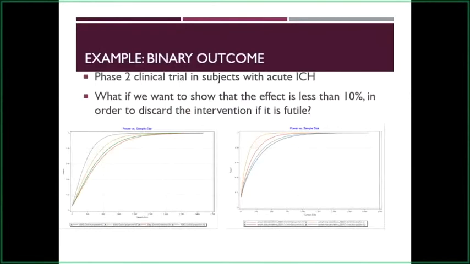But it's really just flipping the way that you think about it. So rather than saying, if I see a big enough effect, I'm going to move forward, when you know that it's unlikely that you're going to see that big of an effect in a small study, what if you try to show that if the effect is less than some threshold, then you know you're not interested anymore?